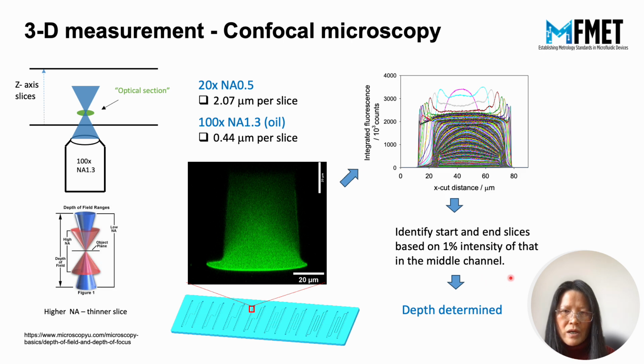For example, we can use 1% intensity of that at the channel's middle height as a threshold to determine the start and the end slices. Obviously, this arbitrary approach introduces uncertainties. Therefore, height measurements of enclosed microfluidic channels often have larger errors compared with the length and width measurements.